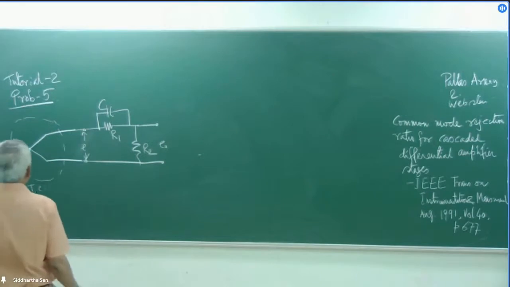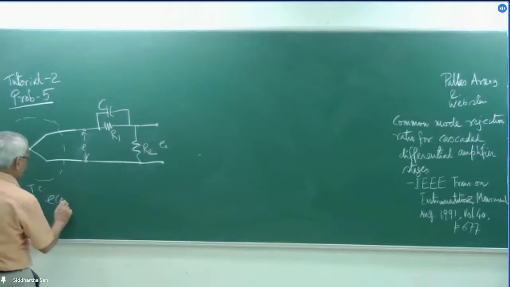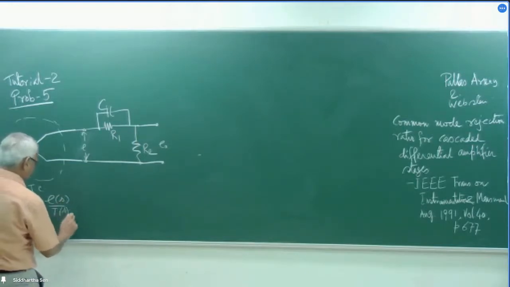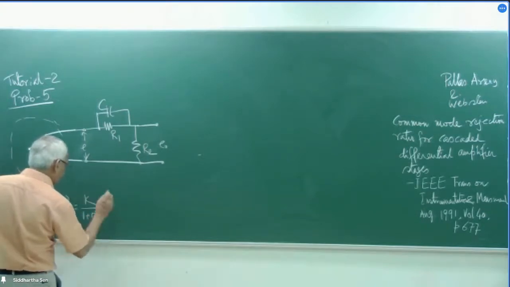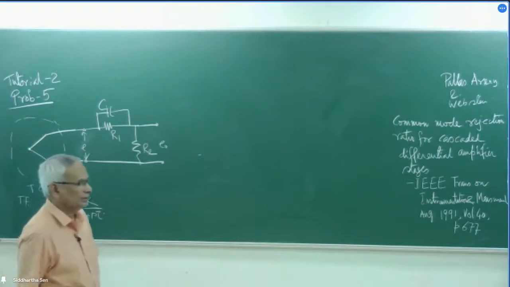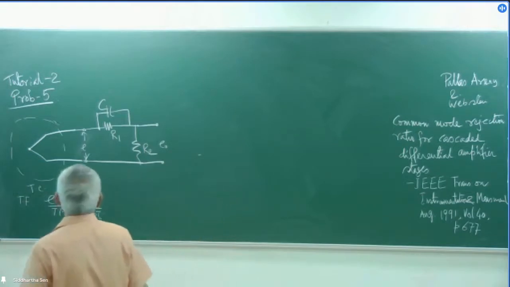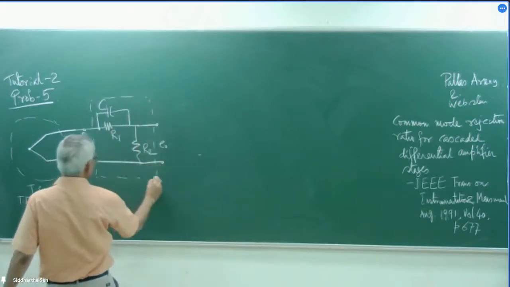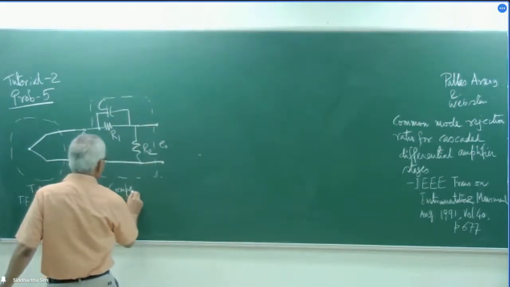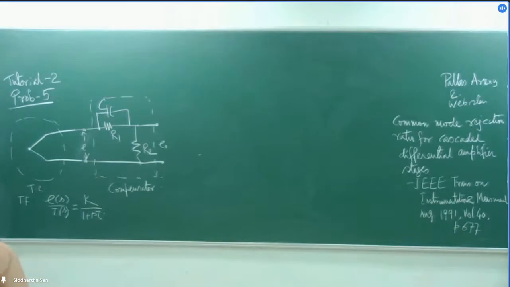So what is the thermocouple transfer function? We know it is, say, ES divided by TS, where tau is the thermocouple time constant. It is 1 divided by 1 plus S tau. Okay. So if it is 1 divided by 1 plus S tau, by incorporating this passive compensating circuit, you can make the thermocouple response faster.